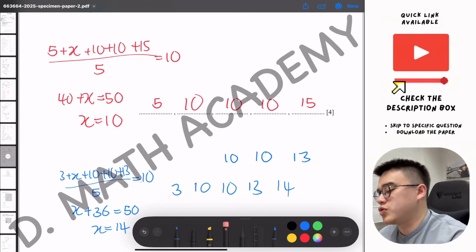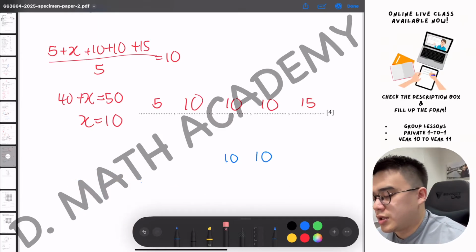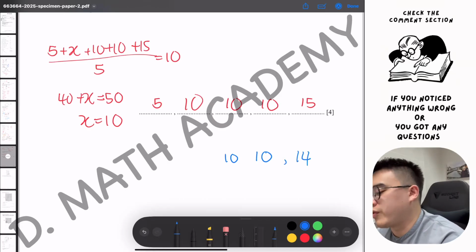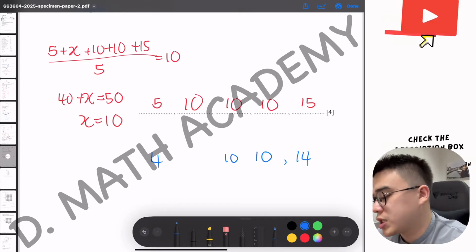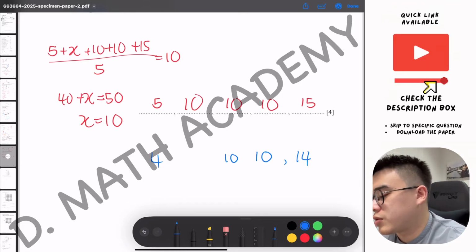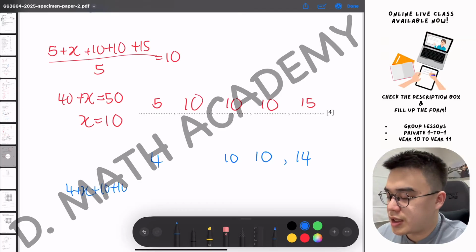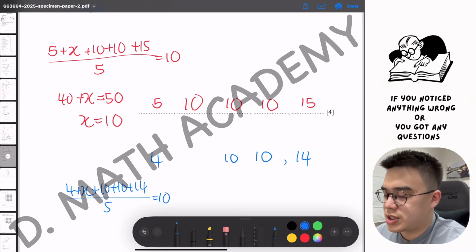So if you wanted to change up or find other probable results, the numbers that we can try, I think, will be 14 and 4. Let's see if it works. You will get 10. Yeah, it works, I think. 4 plus x plus 10 plus 10 plus 14 over 5 equals 10.